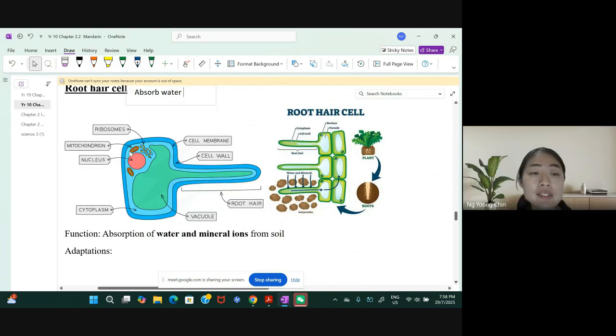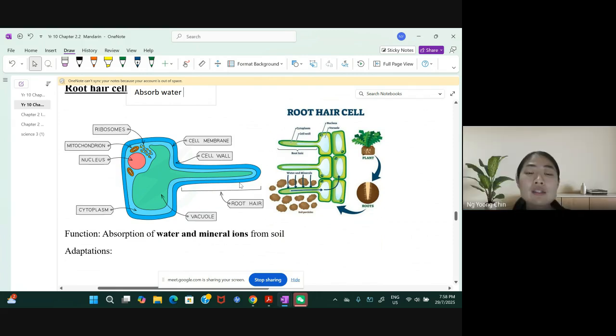And then you can see the root hair cell structure, right? It looks like someone pointing a finger at you. You can see they have a very long extension. Do you know why the root hair cell has a very long extension? It's just like the cilia in the respiratory tract and the villi in the intestine, they have a very long extension.